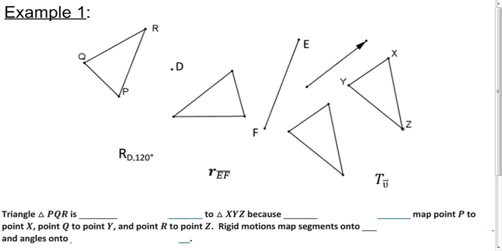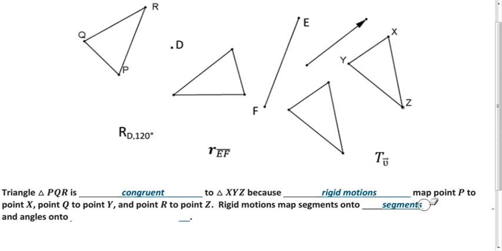So let's see if we can fill in the blanks here now. What's the relationship between triangles PQR and XYZ? Well, we know they're congruent because we have rigid motions that map all the vertices onto each other. And we know that rigid motions are going to map segments onto segments of the same length and angles onto angles of the same measure.